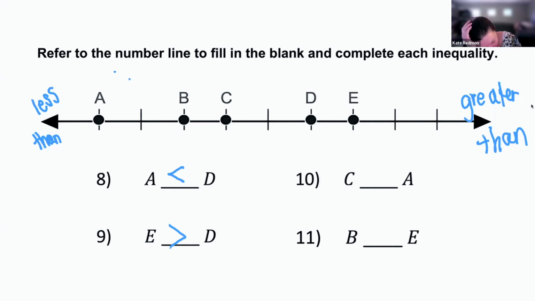C is in what relationship to A? Well, C is closer to the greater than side than A is, so C is greater than A. And finally, B is in what relationship to E? Well, B's over here, closer to the less than arrow than E is, so B is less than E.